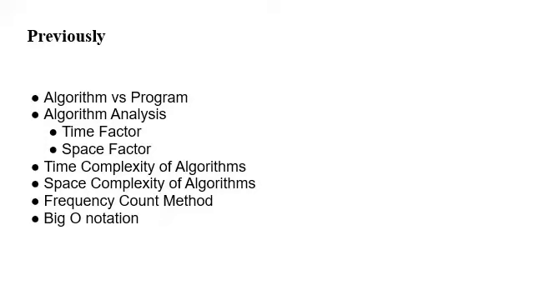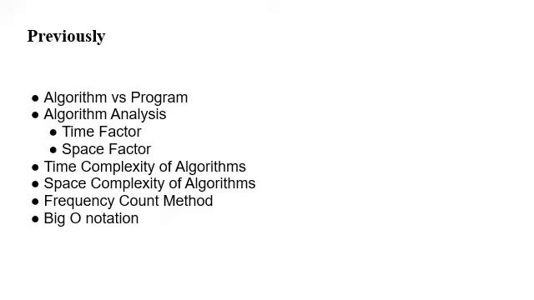The first is time, the execution time of an algorithm, and the second is space, how much memory a specific algorithm takes when it executes. Both factors combine to analyze different algorithms.